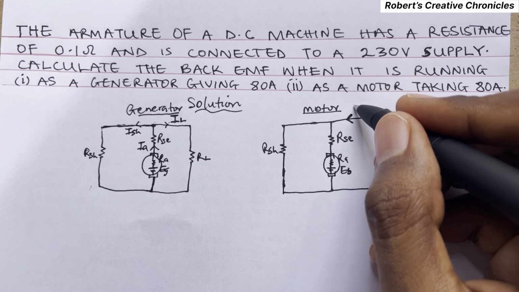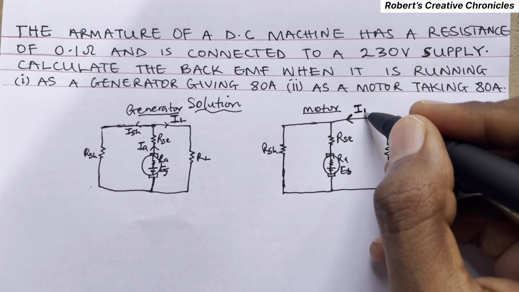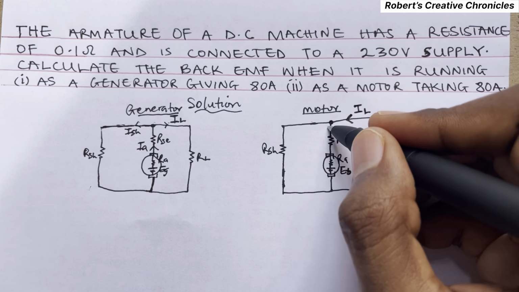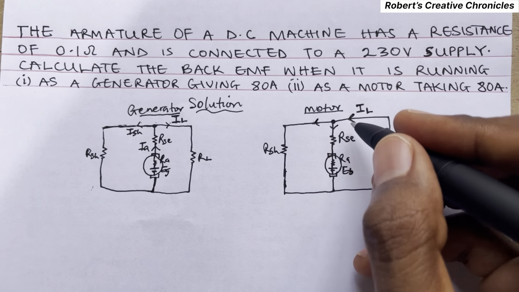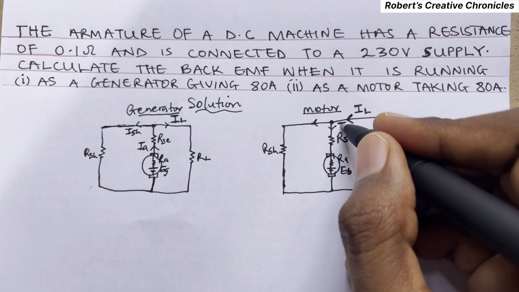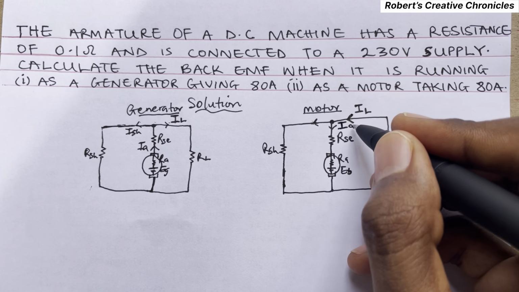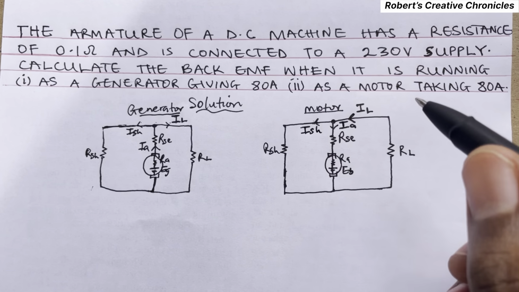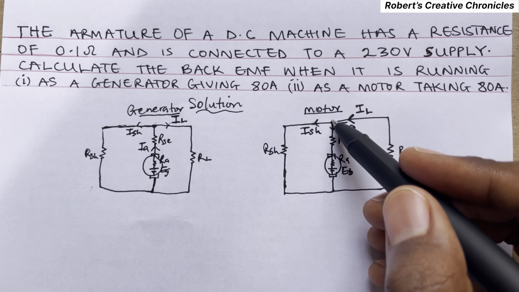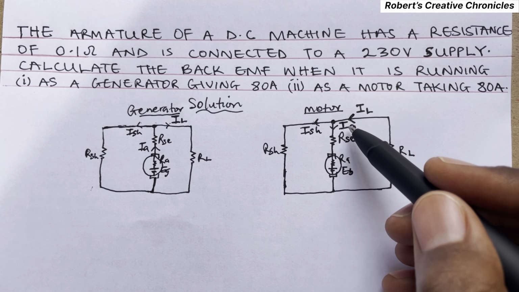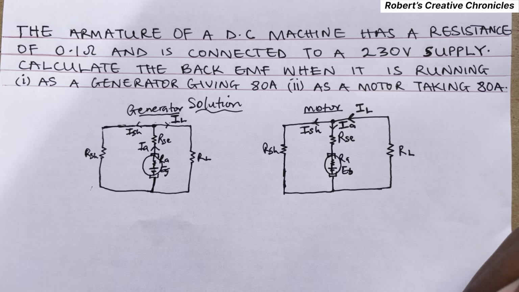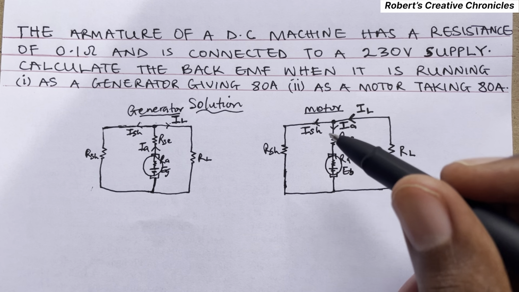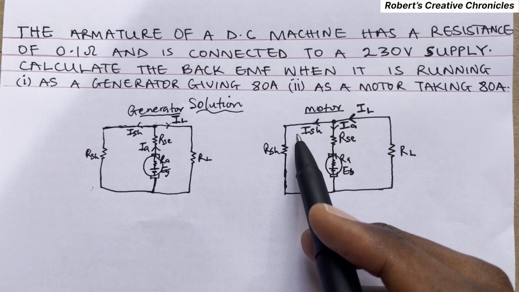So the current comes from the load, known as IL, and it enters this node and splits into two. Here is IA, then here is ISH. So in this case, if you apply KCL here, it will be IL is equal to IA plus ISH. So you see the opposite.